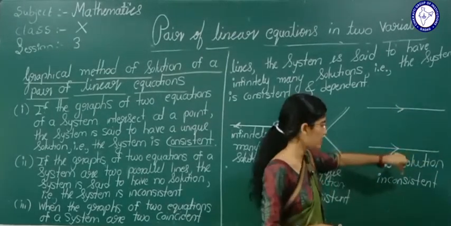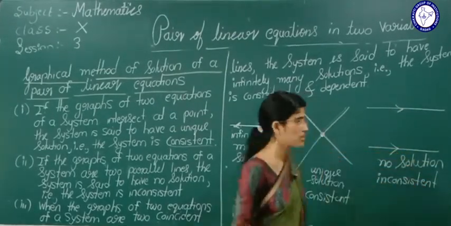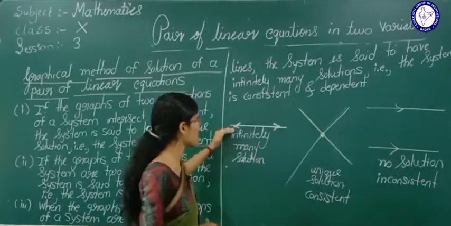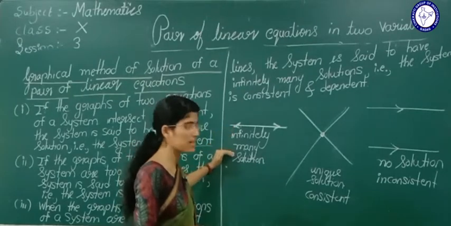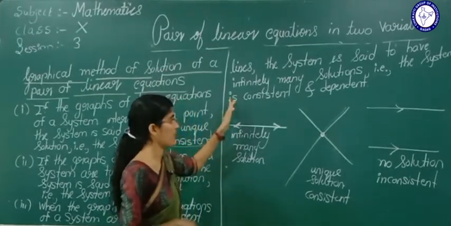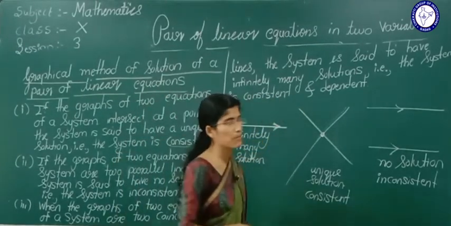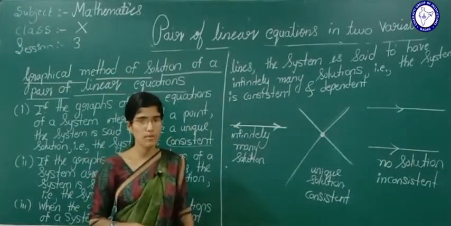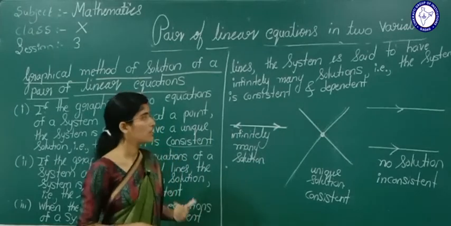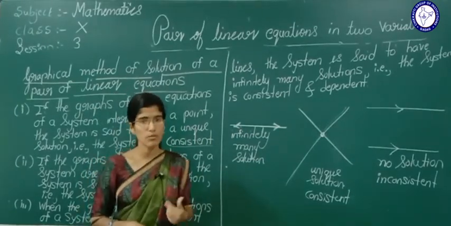For that system we call inconsistent. If two lines coincide, for that system we have infinitely many solutions, and that system is consistent and dependent. So we will solve problems, to understand how to find the solution graphically.